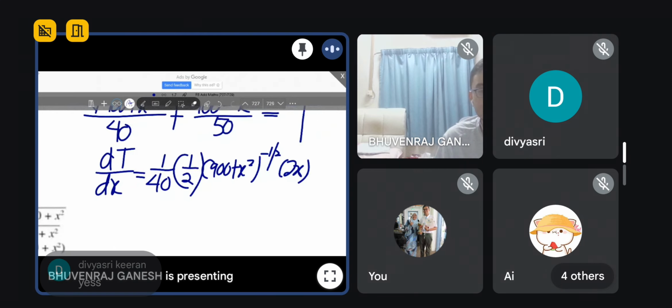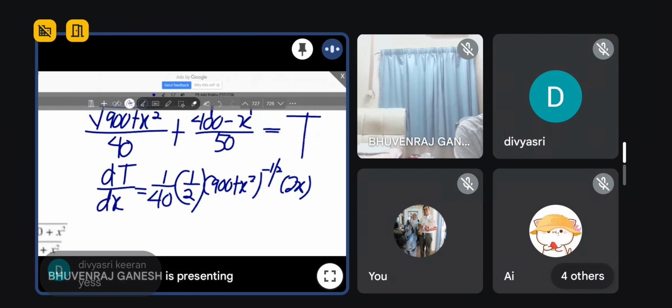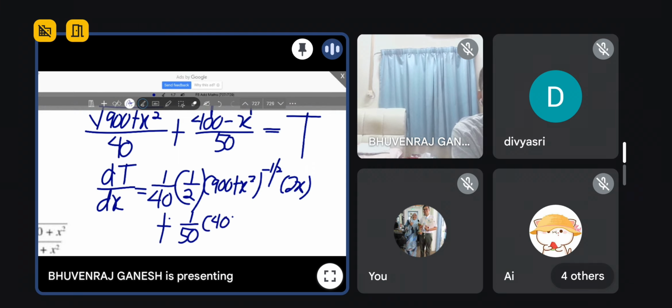How I get this one? Can, not bad. Your mental calculation is still good. Then 1 over 50, and you differentiate the bracket, so you copy 400. Sorry, when you differentiate this one, you will get negative 1, because negative x differentiates to negative 1. So this is our whole equation.